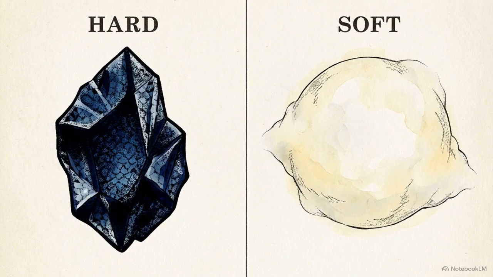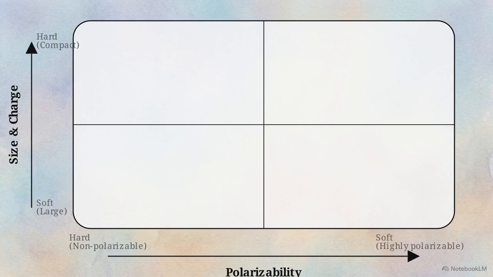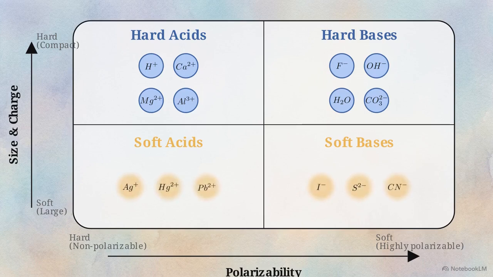To actually use the Lewis model without getting bogged down in complex orbital math, chemists rely on the hard-soft acid-base, or HSAB, theory. This visual matrix categorizes interacting molecules based on 3 main variables: their size, their electrical charge, and their polarizability. Hard substances are compact. They have high charges and tightly held electrons, making them non-polarizable. Soft substances are the opposite.